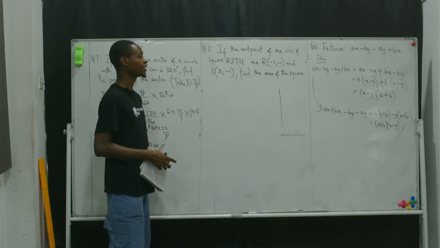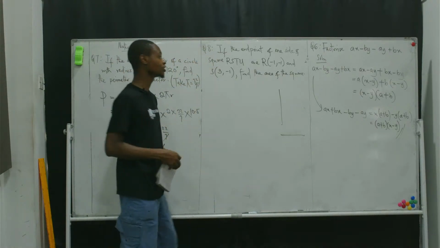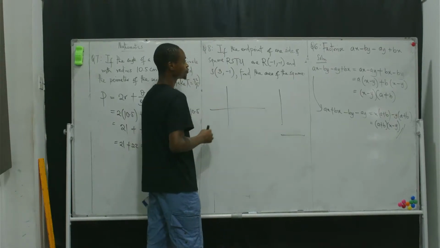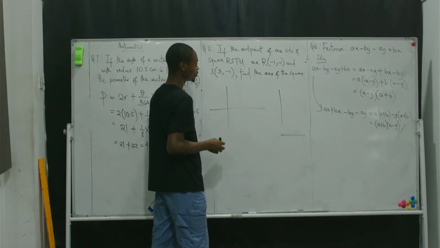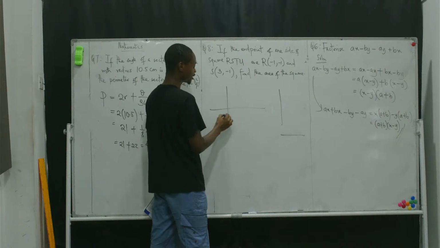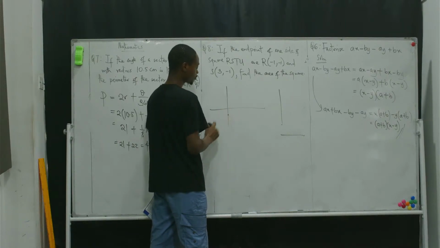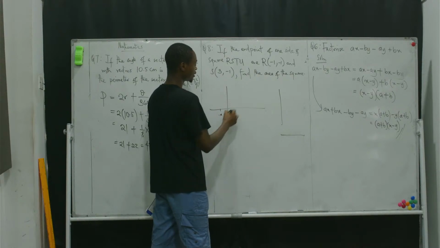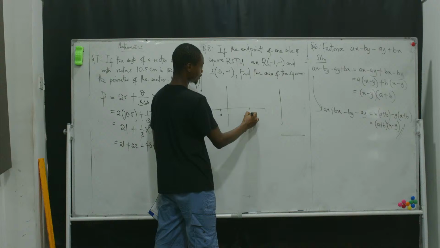Now, in this case, you have R(-1, -1). The R coordinate specifically is -1 on the x-axis, so the point is here. And then 3 for S, the point is here.